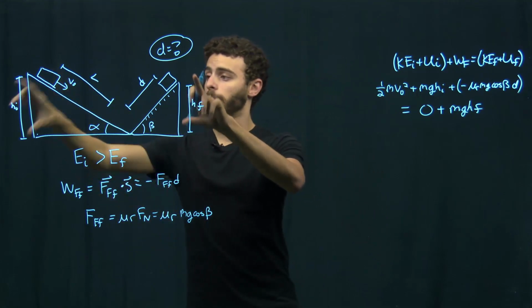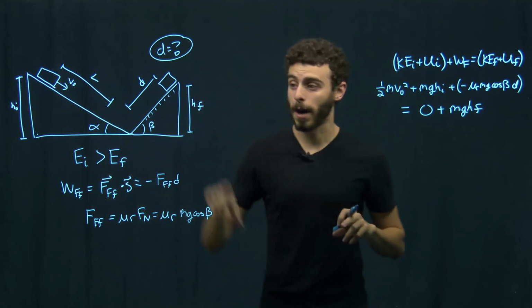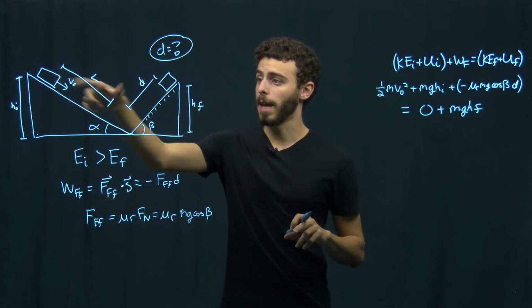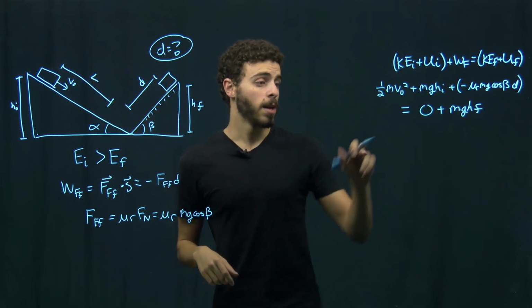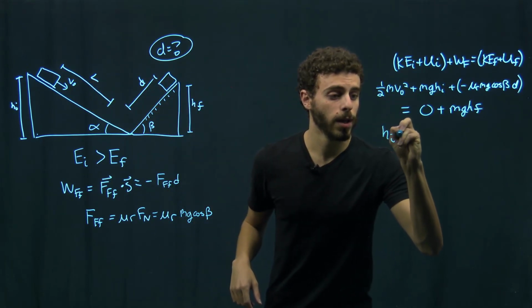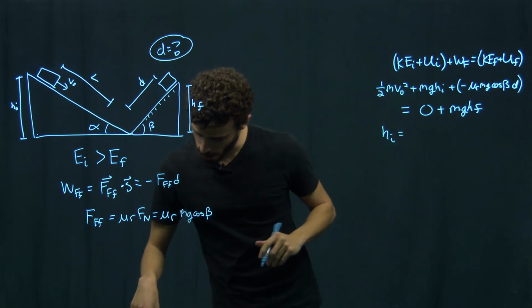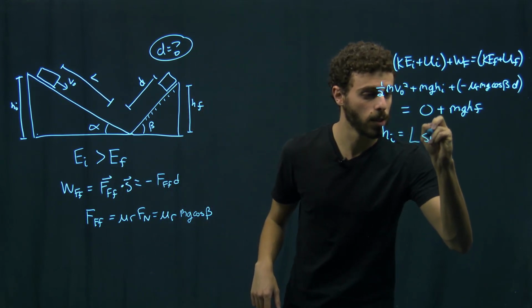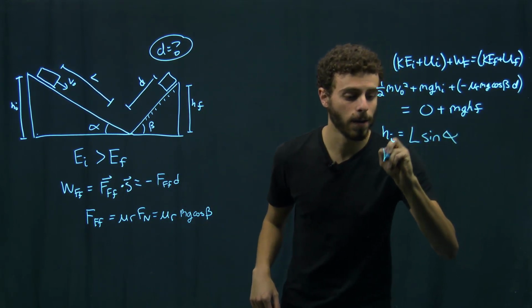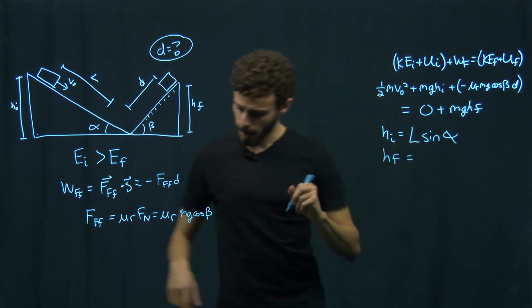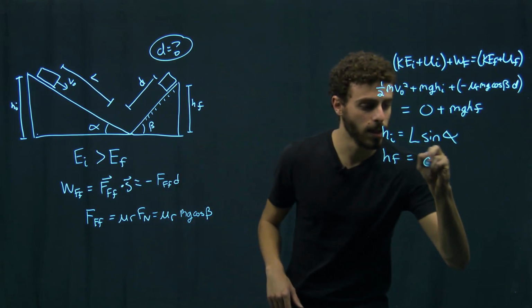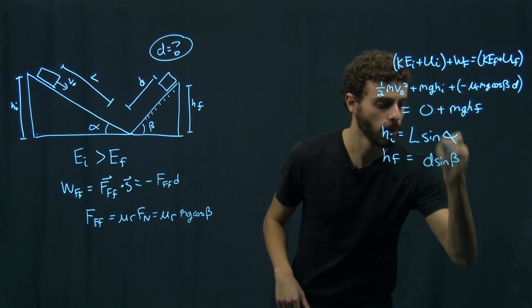And each of those is going to relate our initial and our final heights to things like length and the distance d. So we should be able to do some trig, and you can follow along the solutions, but you'll get that h initial is going to be L sine alpha. Similarly, h final should be d sine beta.